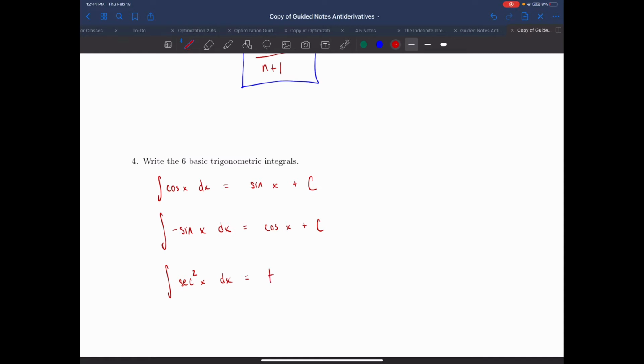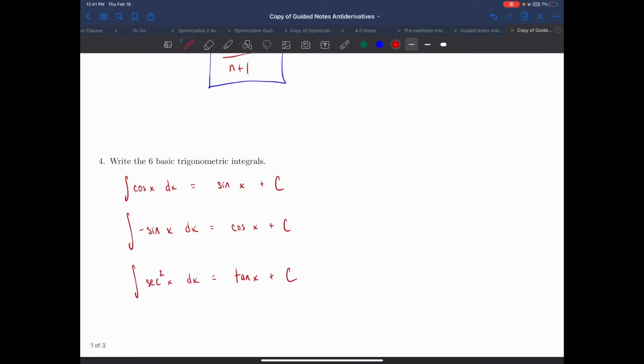It's just tangent. These are the derivatives that you were supposed to know off the top of your head. Okay, so we'll write the other ones here. If we have the antiderivative of negative cosecant squared x dx, you would take the derivative of cotangent x to get that. Next, we have secant tangent.